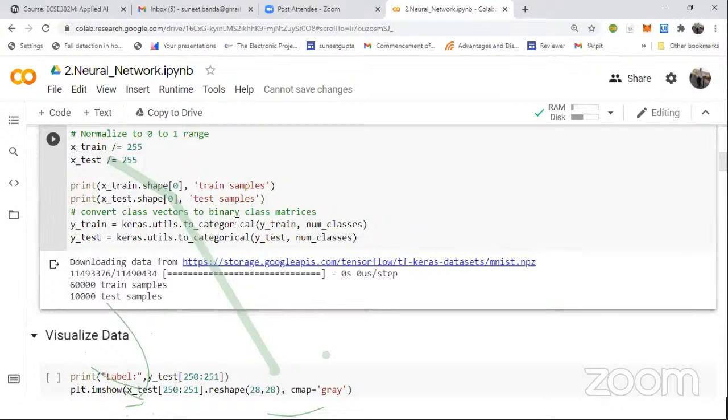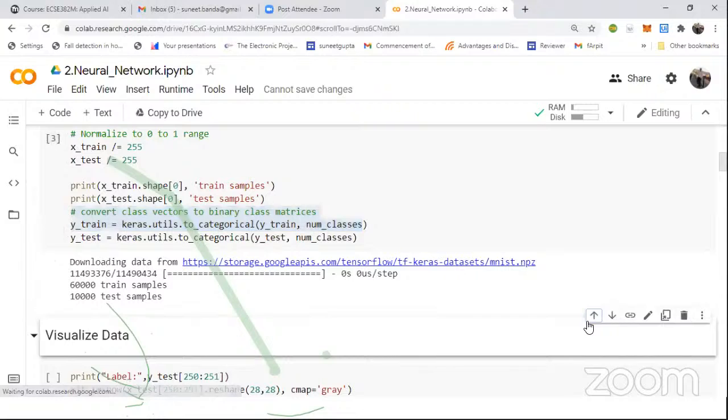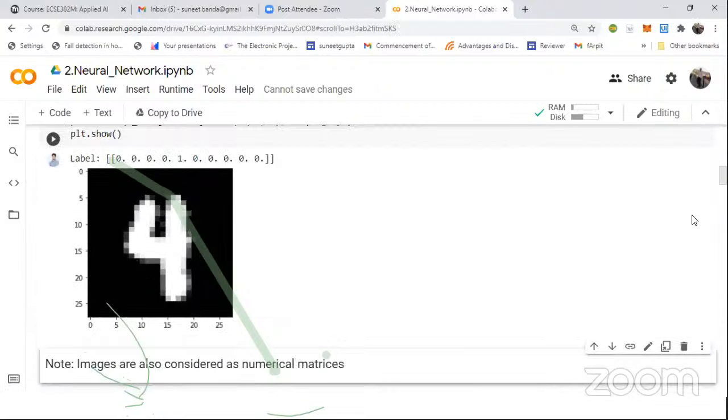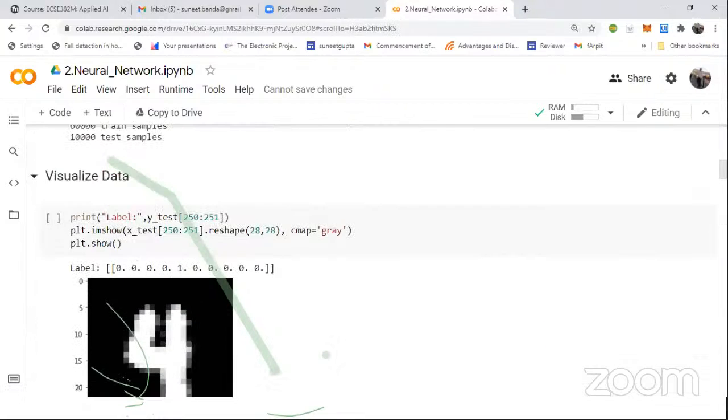And this is converting the class vector to binary class matrices, which is useful in the computation of the loss.